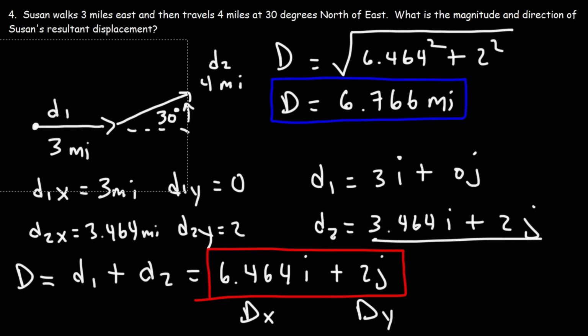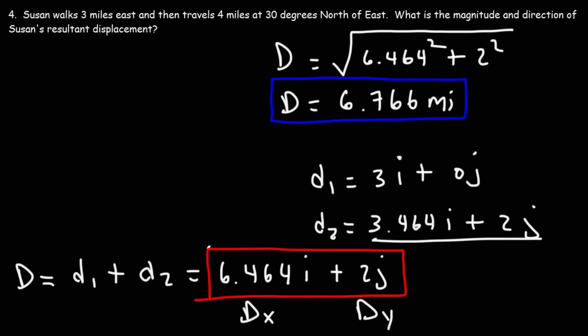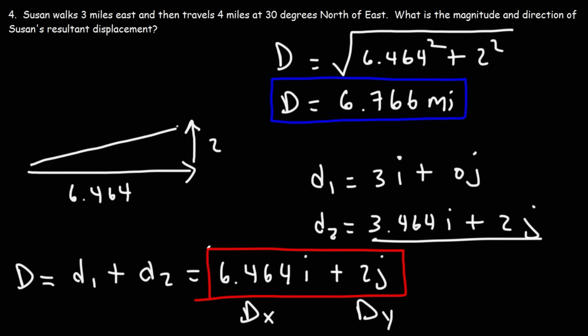Now let's calculate the angle, the direction. So we have an x component of 6.464 and a y component of 2. So that is our resultant displacement. Now we need to find this angle, theta. So it's going to be arctangent, the y component, which is 2, divided by the x component, which is 6.464.